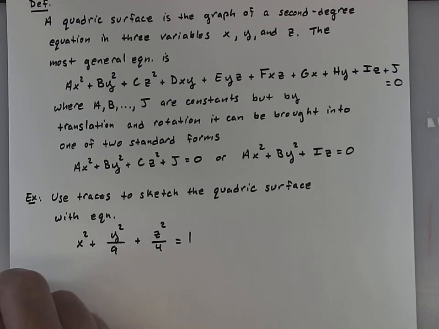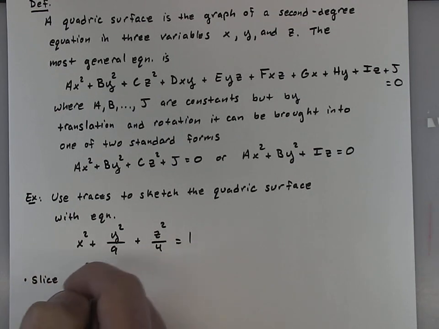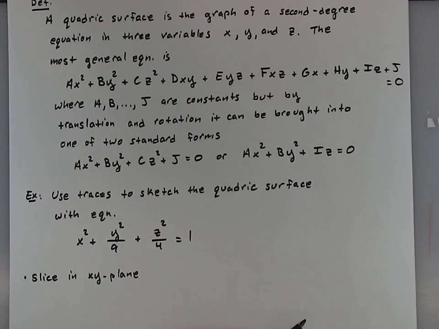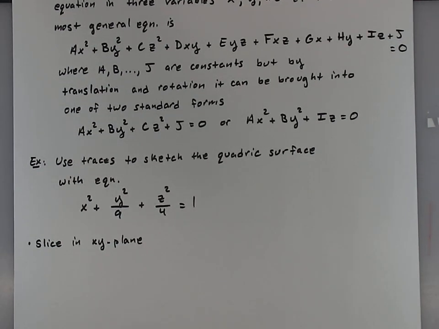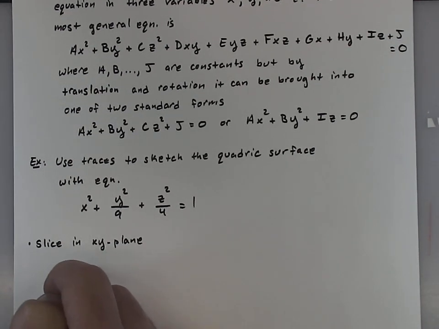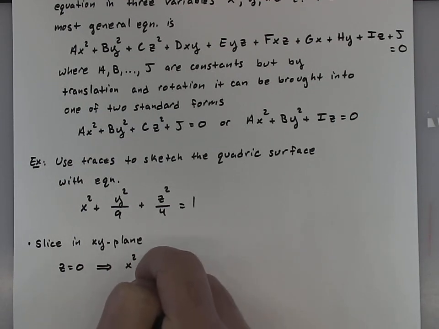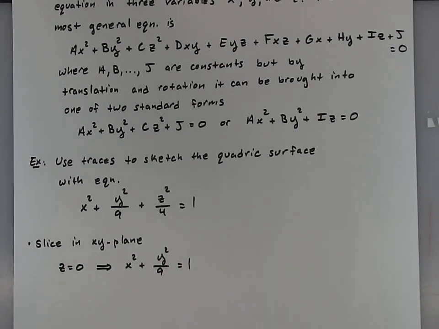So first, let's take a slice in the xy plane. So in the xy plane, if z is equal to 0, then this equation turns into x squared plus y squared over 9 is equal to 1, which is an ellipse.